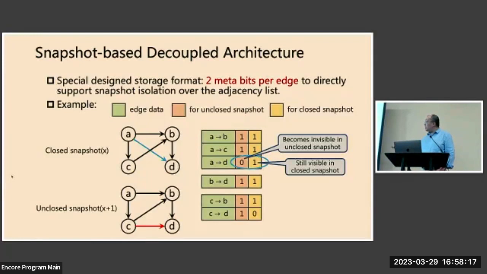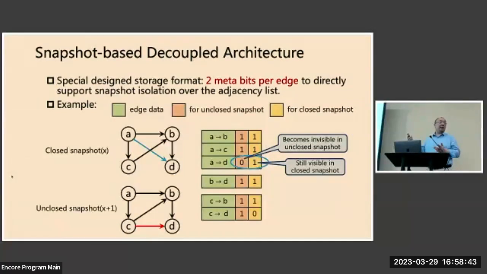this bit, the red one, indicates whether the edge is in the unclosed snapshot. The yellow one indicates whether it is in the closed snapshot. So if you remove an edge, it will not be in the unclosed snapshot, but it's still in the closed snapshot.